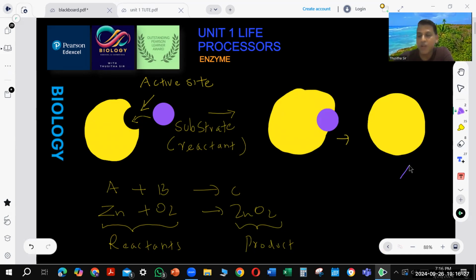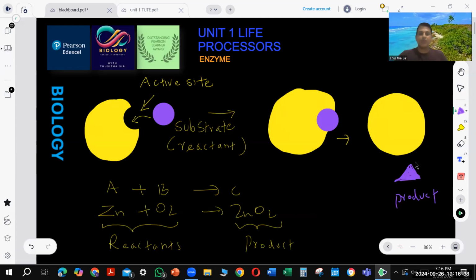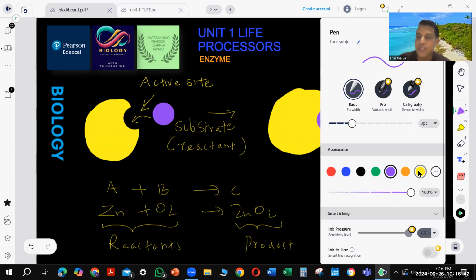The substrate becomes product. So I just try to write it in a different shape now. This is the product. Right. By doing that, what does the enzyme do?